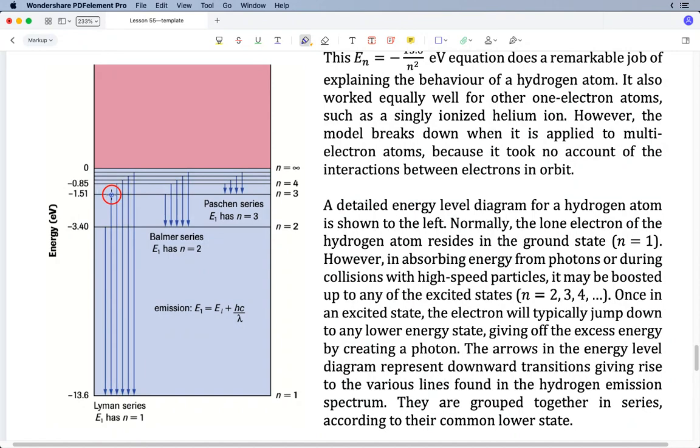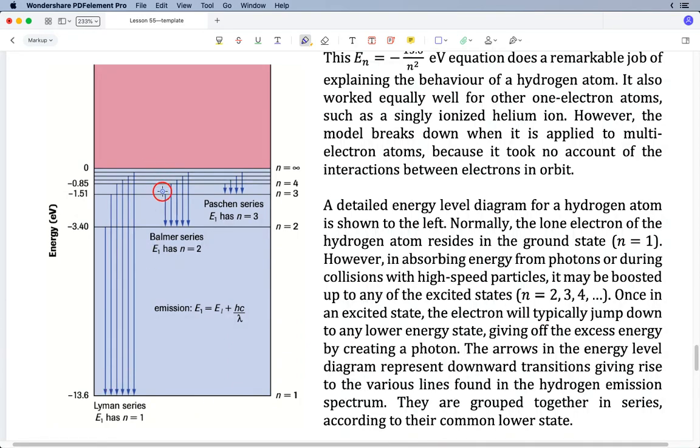Okay, so it's important to understand that the electron can jump from like the third to the first without interacting at all with the second one. Like it doesn't have to go from the third to the second to the first. It can go from the third straight to the first.